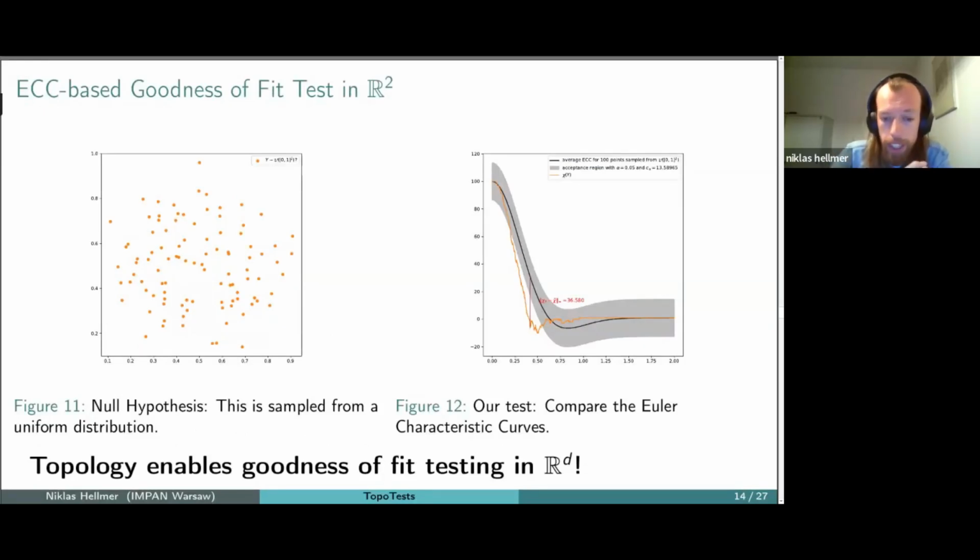So topology enables goodness of fit testing in d dimensions. The Euler characteristic, as a topological invariant, is agnostic of the dimension. This works in arbitrary dimension, right? And I again want to highlight the analogy to the Kolmogorov-Smirnov test, which used this cumulative distribution function, which you can imagine as sweeping through your point cloud from the left to the right and counting how many sample points you have to the left of the threshold, basically.